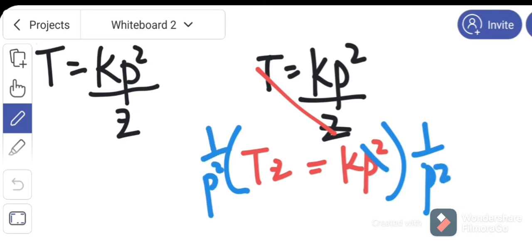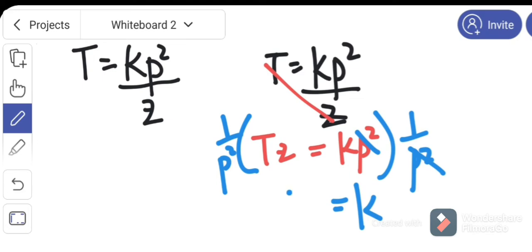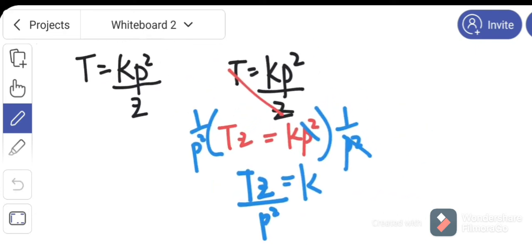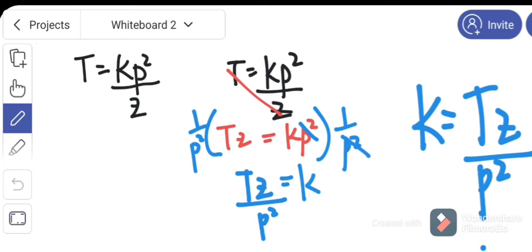So this will be cancelled. That's equal to 1. And then 1 times K is equal to TZ over P squared. Now, our formula for the constant of variation will be TZ over P squared.